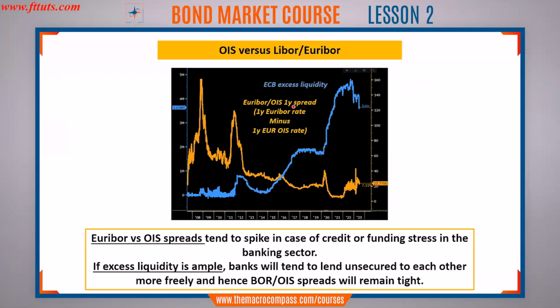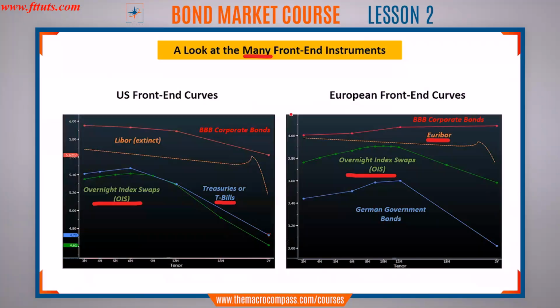What I did on this chart is I priced for you the difference between Euribor and OIS rate over a one-year tenor. So the orange line on the right-hand side shows one-year Euribor rate minus one-year Euro OIS rates. In other words, I am depicting 12 months tenor here, and basically this difference, plotted over time.